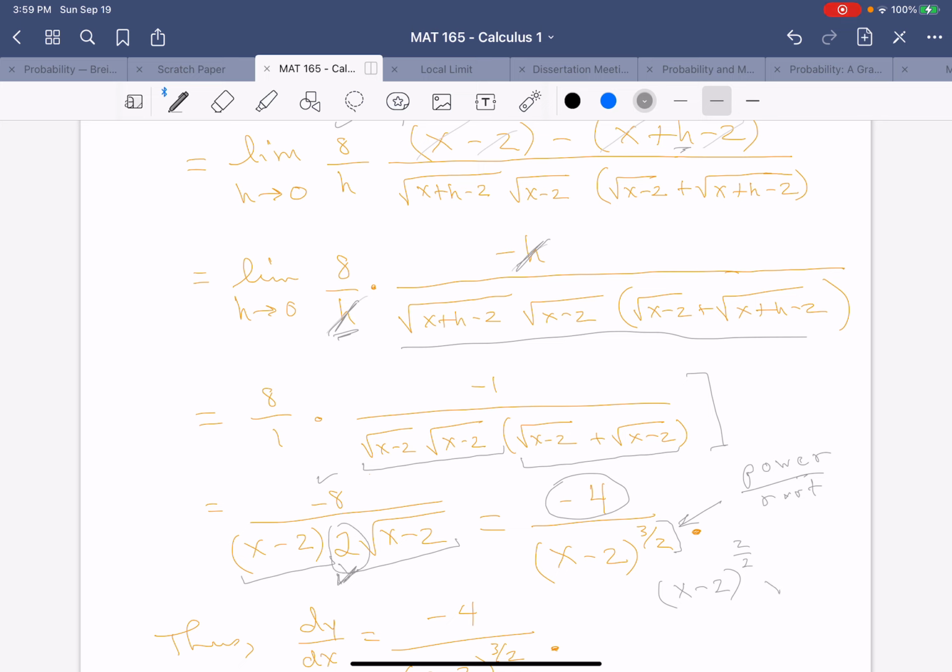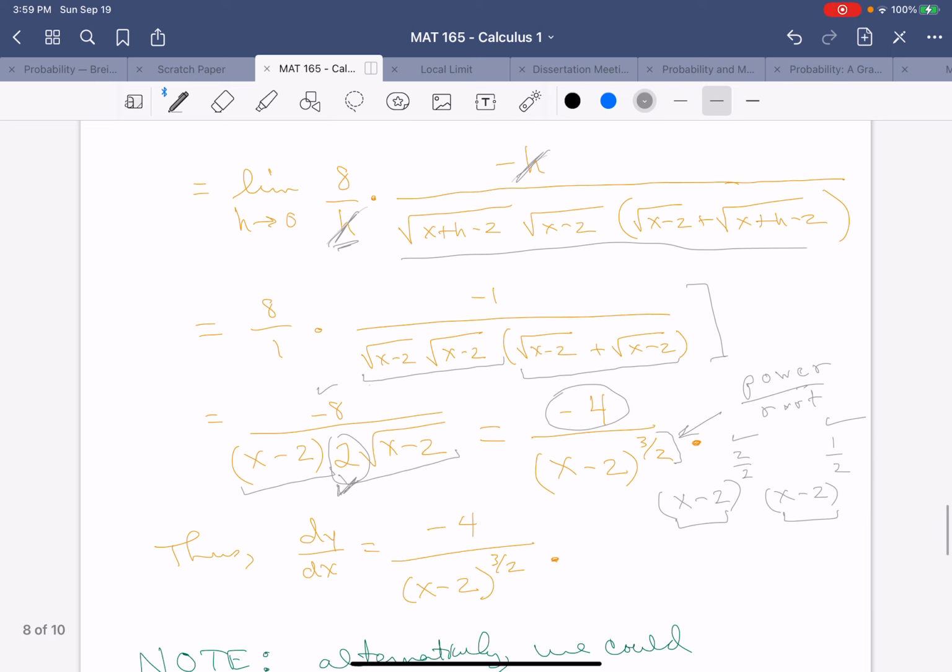And then I also have the square root of x minus 2. Well, the square root of x minus 2, that's just x minus 2 to the 1/2. And so we have like bases, and so we just add the exponents. And so that's how we got the x minus 2 to the 3 halves.